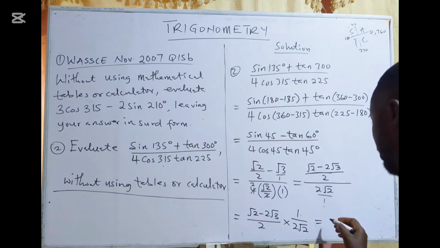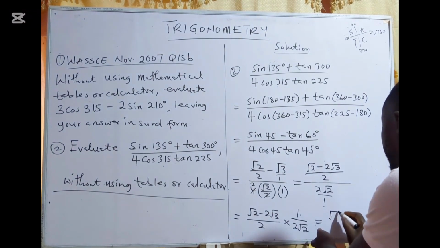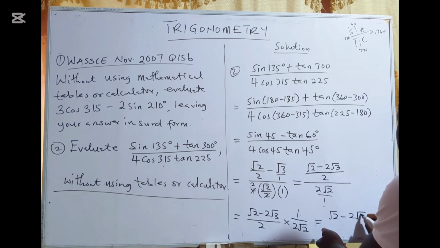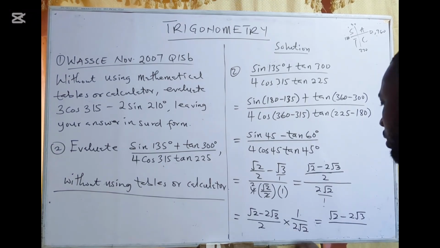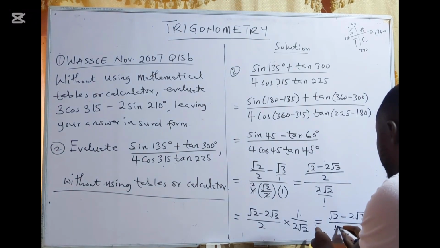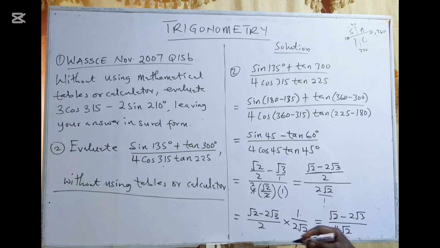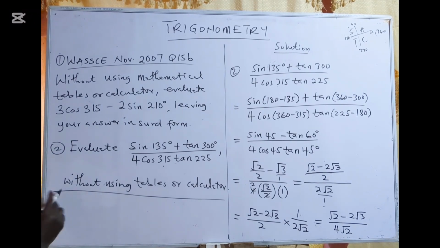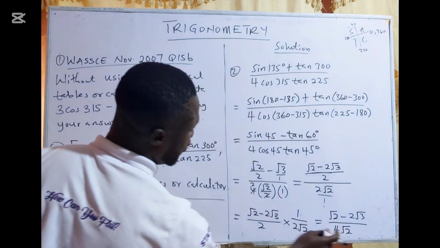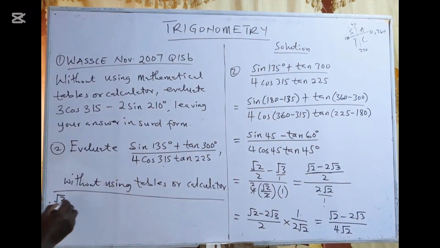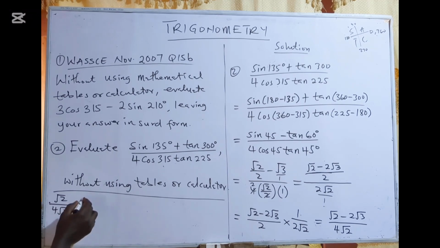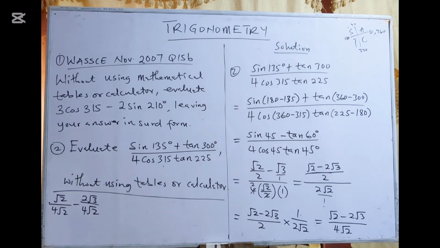So root 2 minus 2 root 3 times 1 will be root 2 minus 2 root 3, all divided by 2 times 2 root 2 gives me 4 root 2. Alright, let me continue on this side. So it means that I can write it as root 2 over 4 root 2 minus 2 root 3 also over 4 root 2.